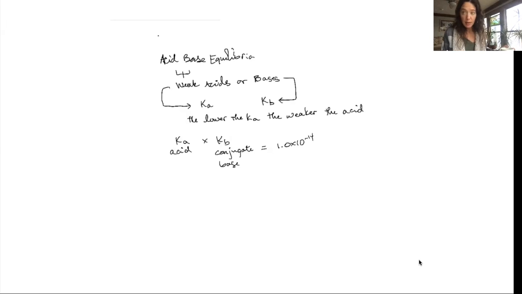And if I have a Kb and need a Ka, I can easily get that value. Ka must be used in acidic reactions. Kb must be used in basic reactions.